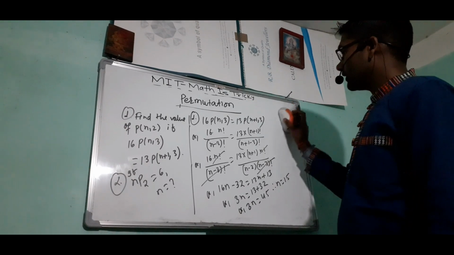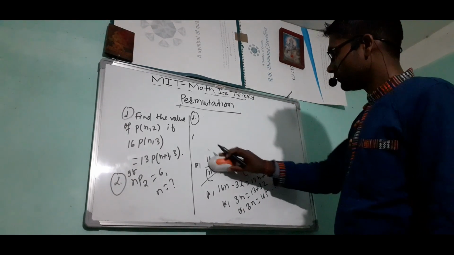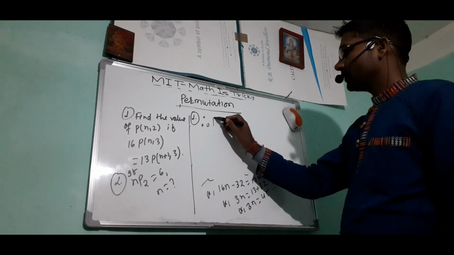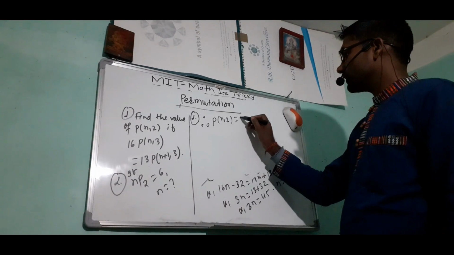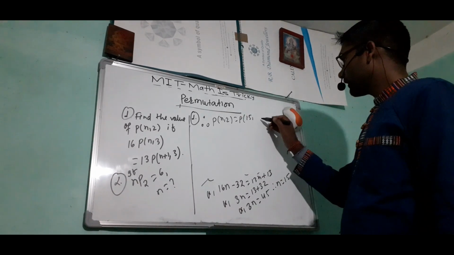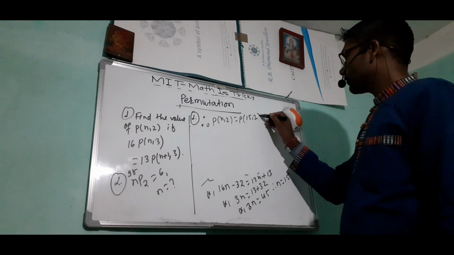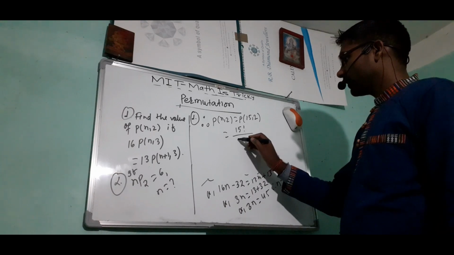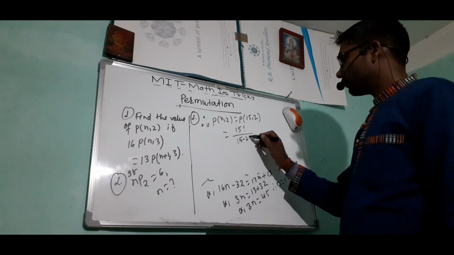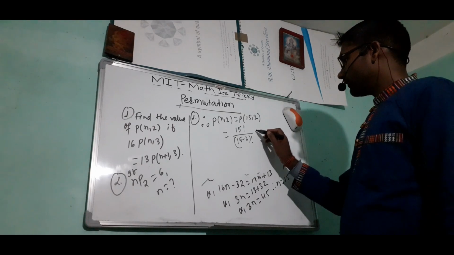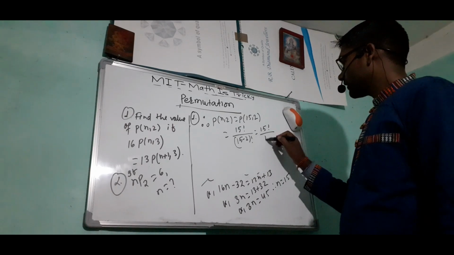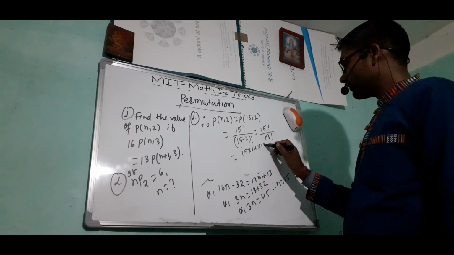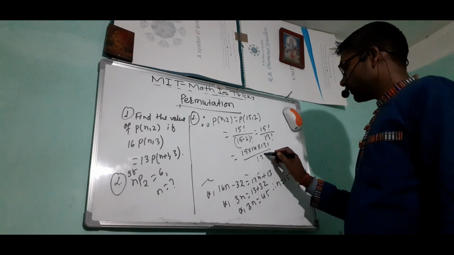And once you have the value of n, we can now find P(n,2), which equals P(15,2). By the formula, 15 factorial by (15 minus 2) factorial, we have the answer as 15 factorial by 13 factorial, as we just discussed. 15 into 14 into 13 factorial by 13 factorial.